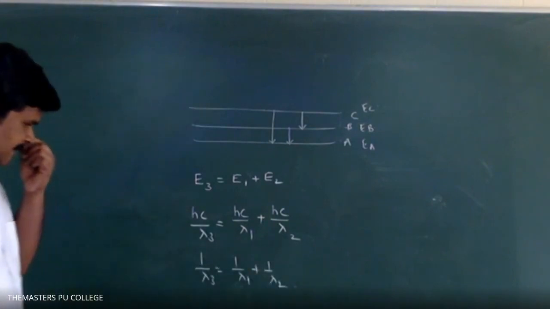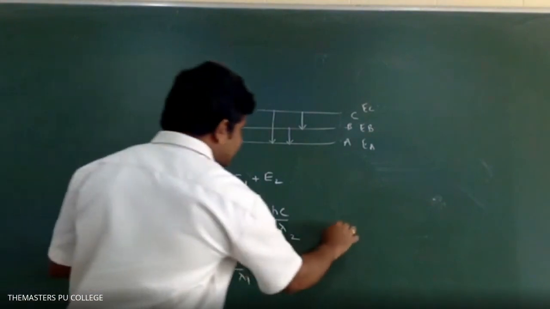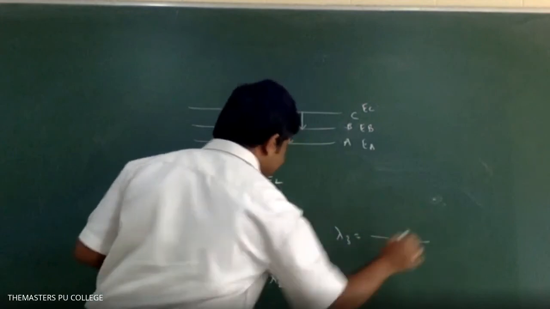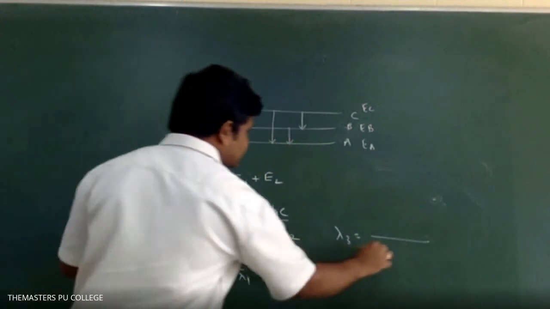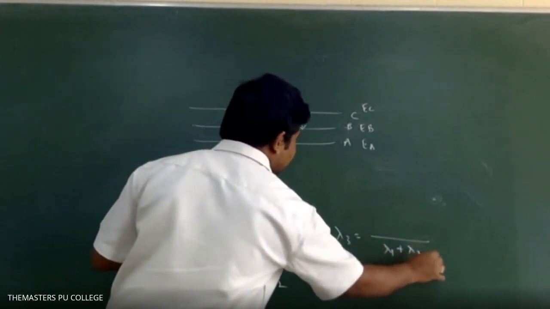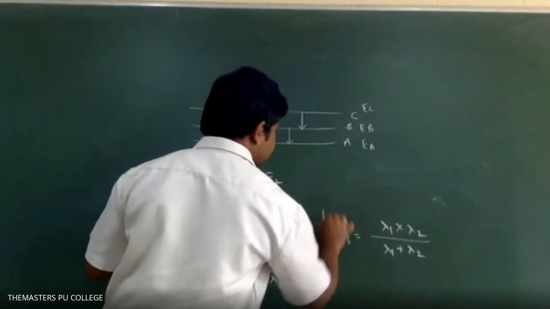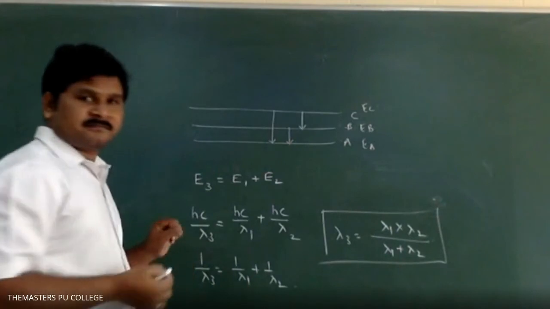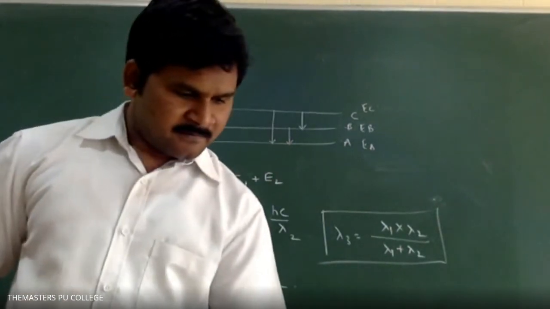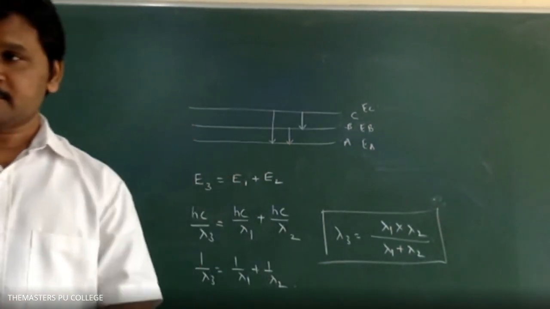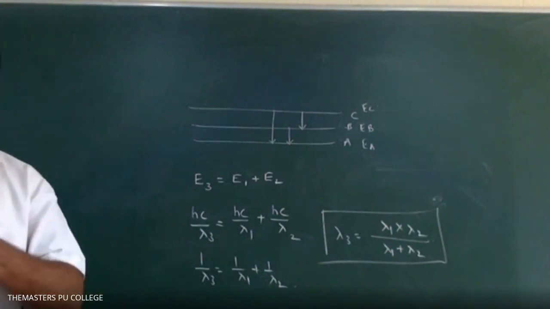So lambda 3 is equal to lambda 1 into lambda 2 by lambda 1 plus lambda 2. That relation is in the second option.